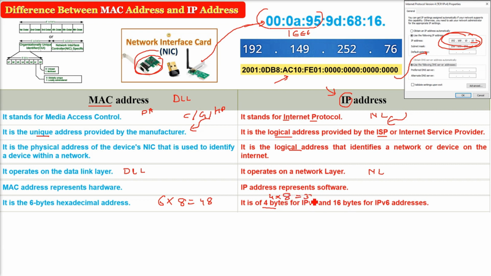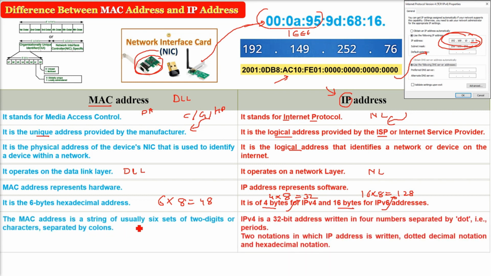But an IP address can be 4 bytes in case of IPv4 and 16 bytes in case of IPv6, so 32-bit and 128-bit depending upon the IP version. The MAC address is a string of 6 sets of 2 digits or characters, separated by a dot, a colon or a hyphen. So these are 6 octets.